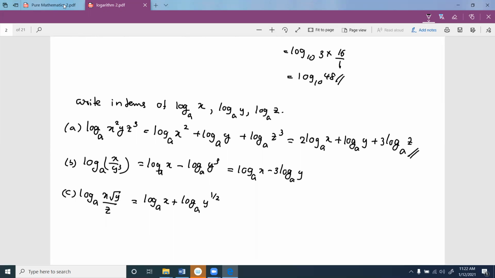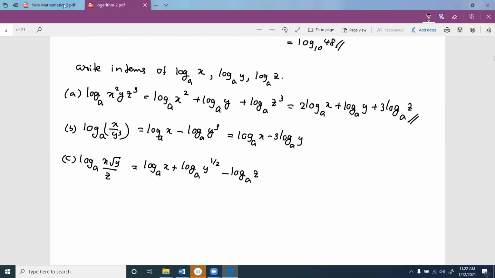This division you can write as a subtraction, log a z. Then the next simplification is you can bring this power out and write log a x plus 1 over 2 log a y minus log a z. That's how it comes.